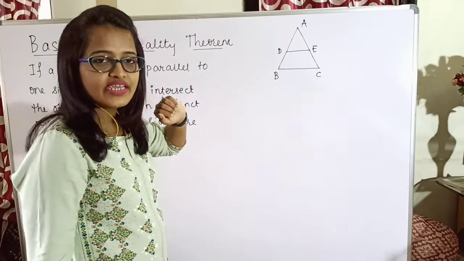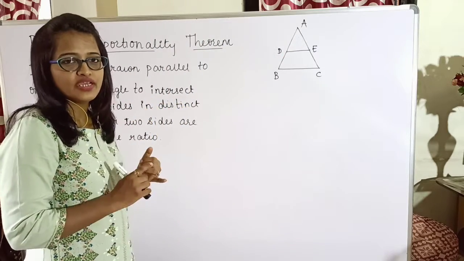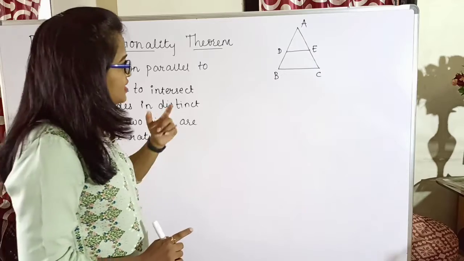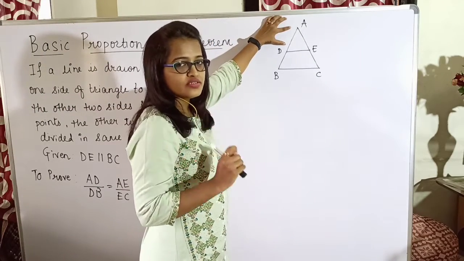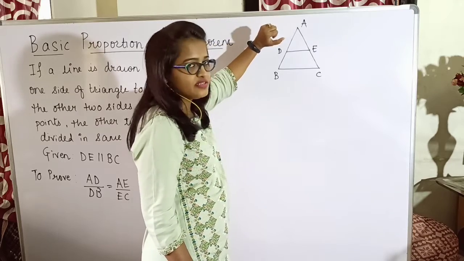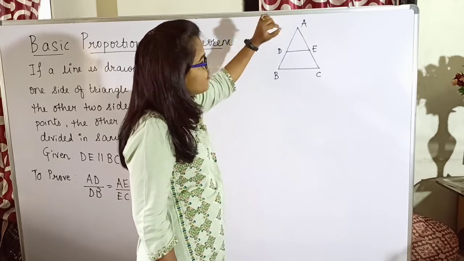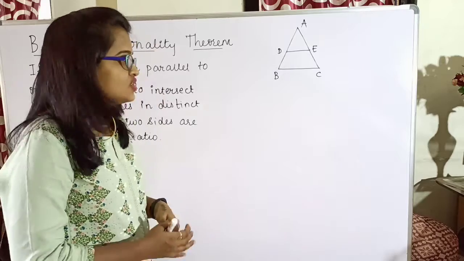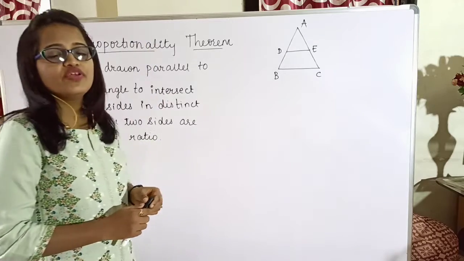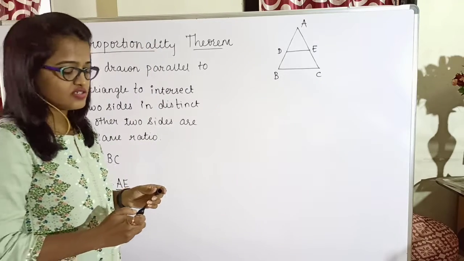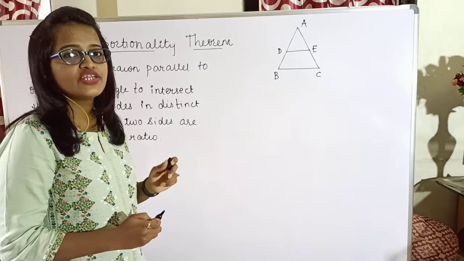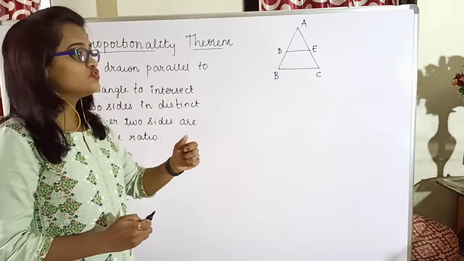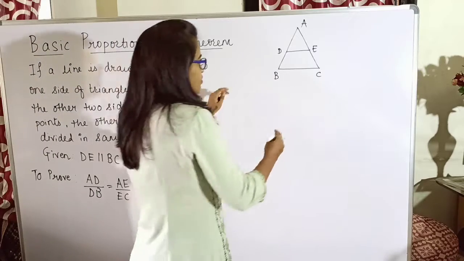Whenever you are taking the area of a triangle, definitely you should have a base and height. In this case, I want AD in my equation, so I will take AD as the base. But what will be the height for AD? For that we will make one extra construction. If you are considering AD to be the base, your height should be the one falling on that base, the perpendicular height.